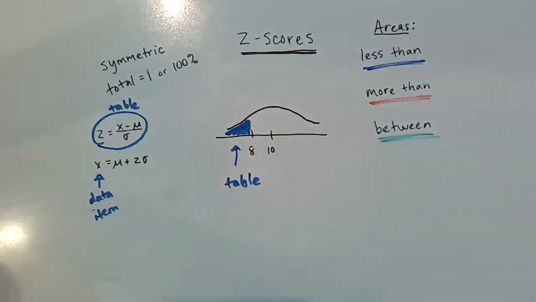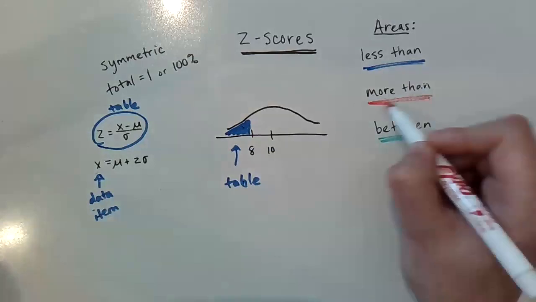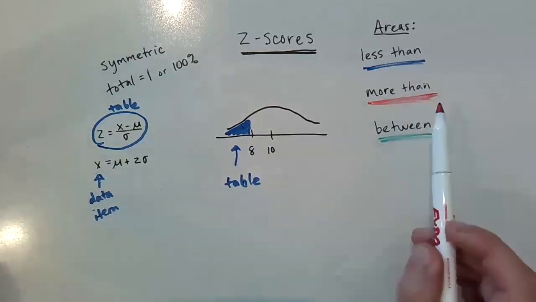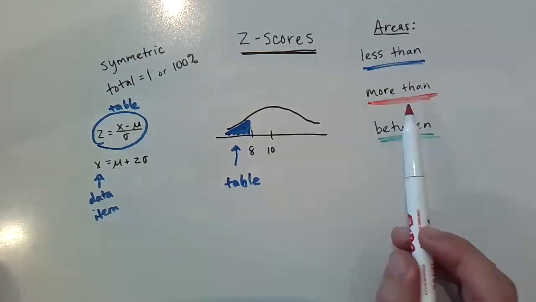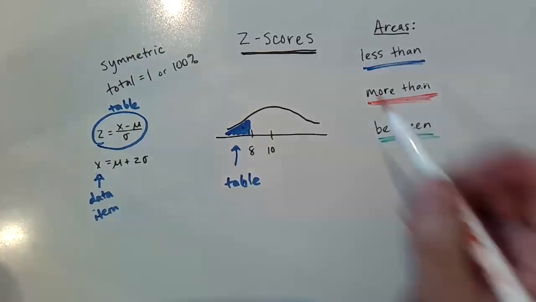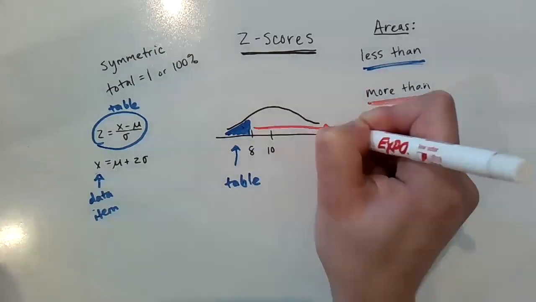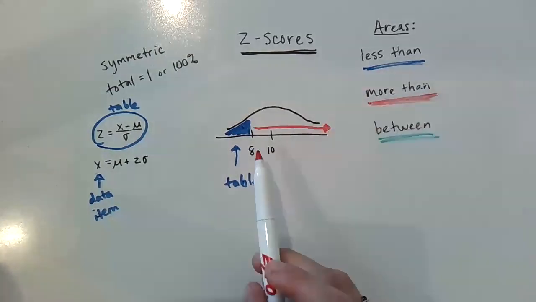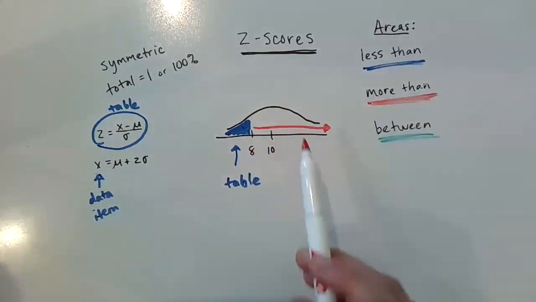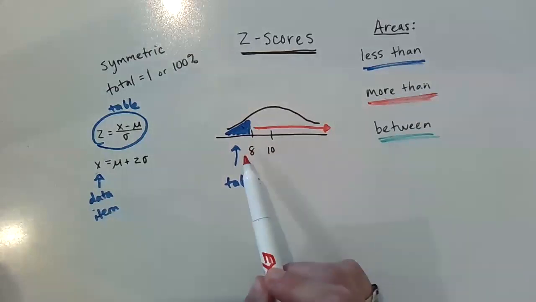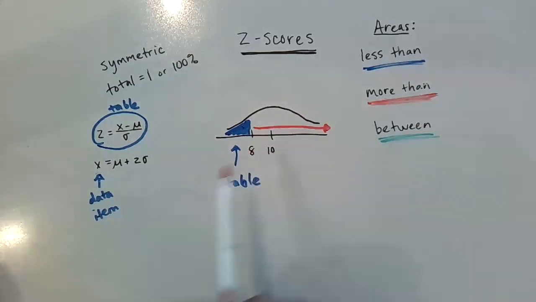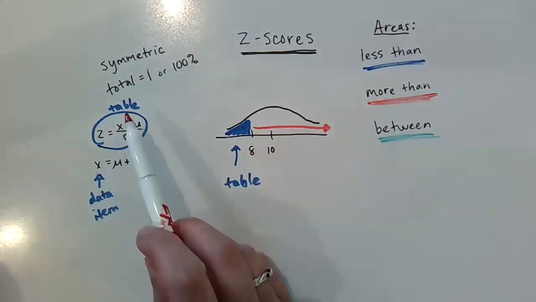Up next is when they ask you for more than. Now, more than could be greater than, it could be the top percent, and so forth. So more than means we want the right side. So let's say I want more than 8. To get the more than portion, we are going to once again change 8 into a z-score, look that up on our table, and we're going to subtract that value from 1.